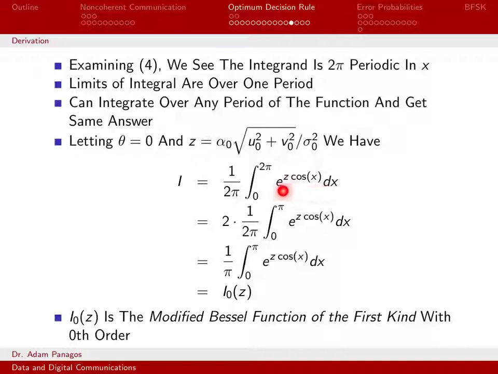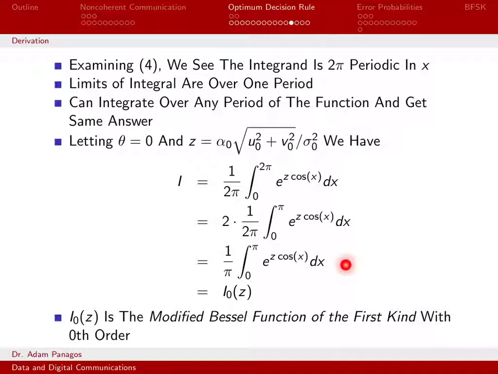This is a periodic function. Instead of integrating over a full period, I can integrate over half a period and multiply by 2. The area on the first half of the period is exactly equal to the area on the second half of the period, so let's only integrate for half and multiply by 2. Then the 2 over 2 cancels, and I end up with this.